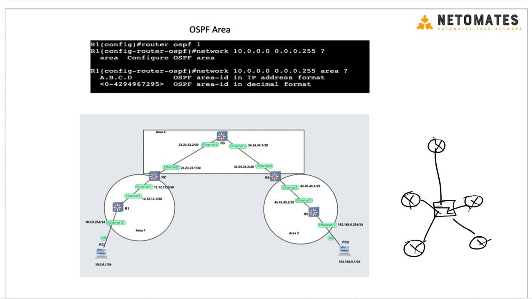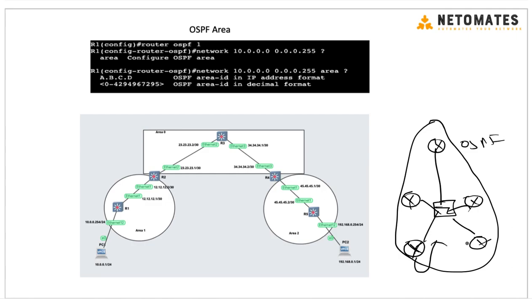If you configure OSPF without areas, all will be in one segment. Each router will try to advertise all its routes to the others. The same thing happens even if you have 100 routers in a similar topology.